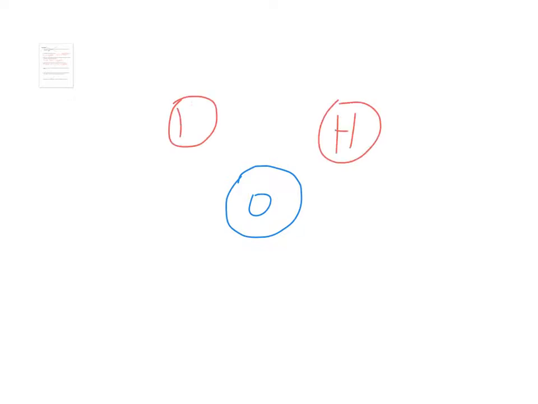Okay, so a water molecule is going to look like this. We're going to have, that's oxygen. Here are my 2 hydrogens. Then we have a bond in between them. Okay, so what are these bonds called?